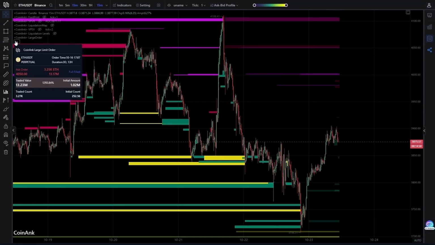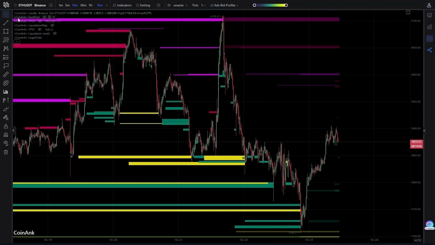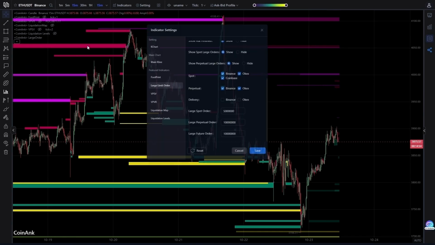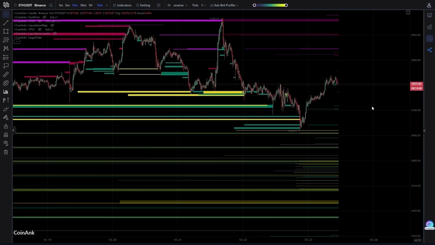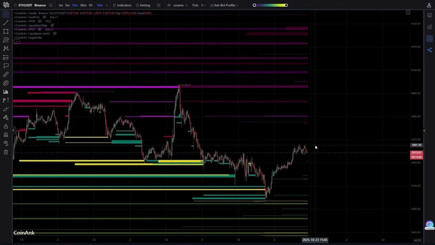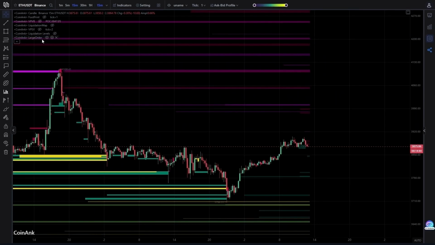So if I look at Ethereum, for example, keep in mind for Ethereum I have different settings. I have my spot on 2 million, my perpetual on 5 million. But also on Ethereum, we get the order book. It's probably also pretty neutral.